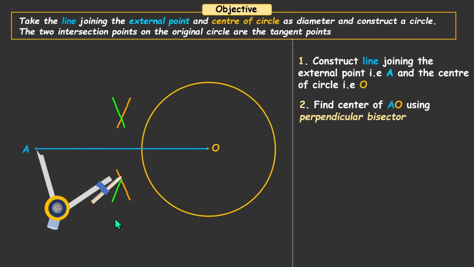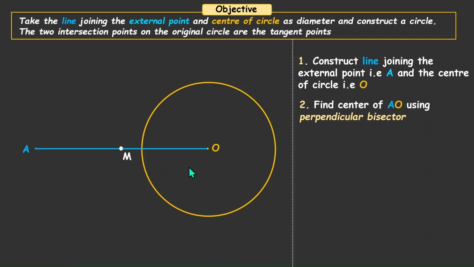Then we'll do it again on the opposite end. So we have this as a second arc. Then we'll join the line between the intersection points of the arcs. So this is our line. And the point where this line cuts our original line would be our center, let's say M.